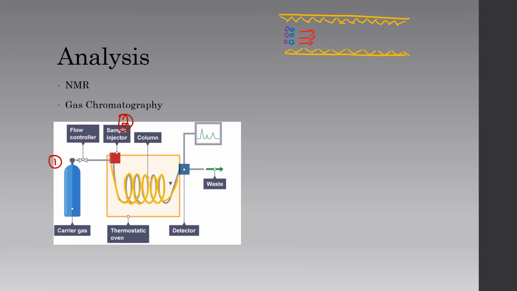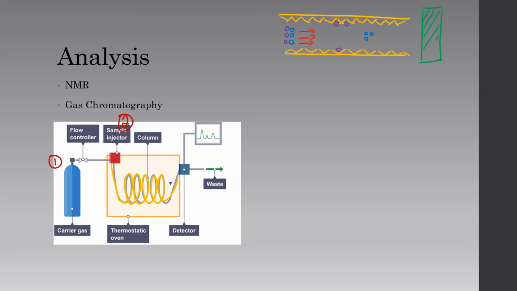And one way that separation happens is if we have a molecule that wants to interact with those substances on the side of the column more than it wants to interact with the carrier gas itself, these things are going to pass at a slower rate through the column than things that do not interact with the side of our column. At the end of the column, we have our detector, and we'll talk about that in just a second.